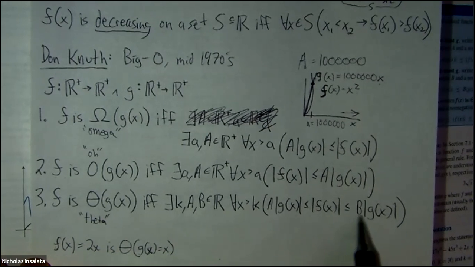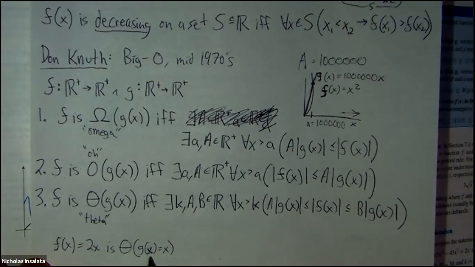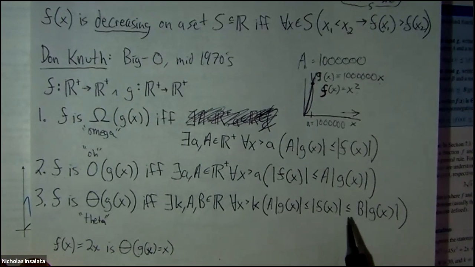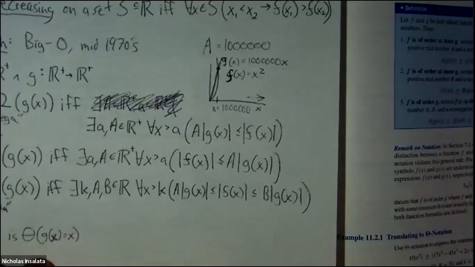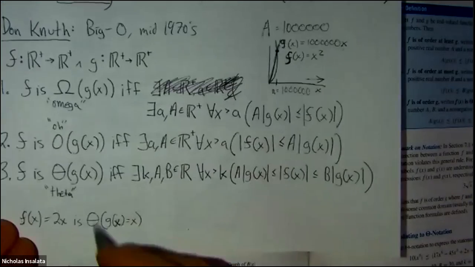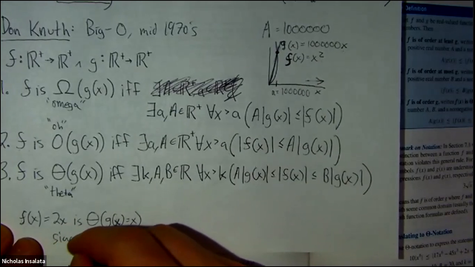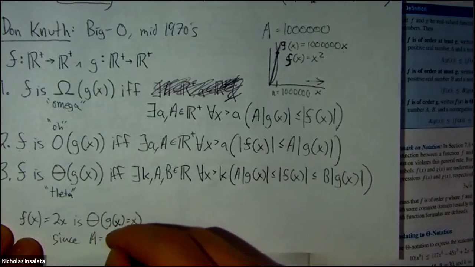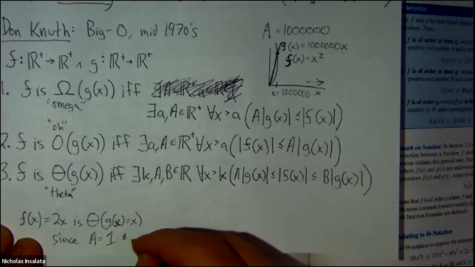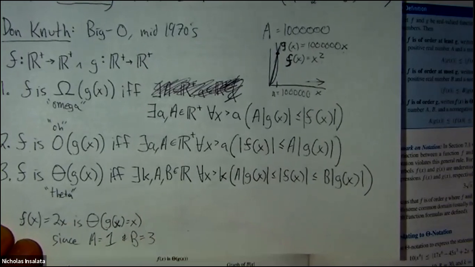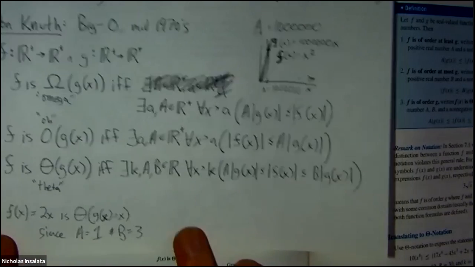Or for big B, I could put 3 on there. A could be equal to 1 and B equals 3, right? And then what are we going to have?